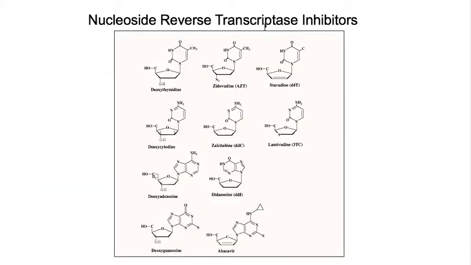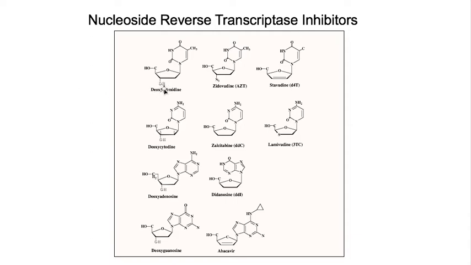The nucleoside reverse transcriptase inhibitors we talked about in microbiology in the first year, but I'll go over these again. The natural bases deoxythymidine, deoxycytidine, deoxyadenosine, and deoxyguanosine all have a 3' hydroxyl, as you can see here.